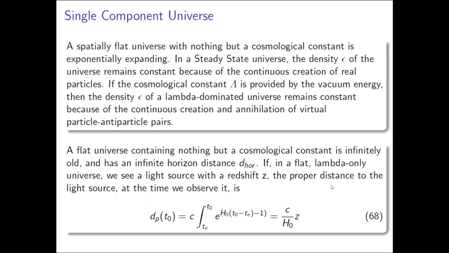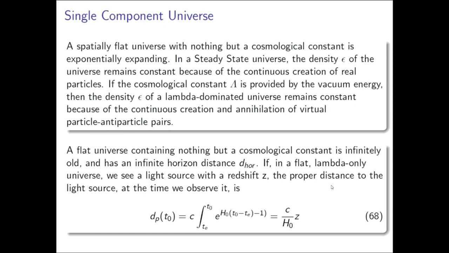As soon as they come into existence, after a certain period of time they annihilate with each other and go back to being vacuum. So it doesn't affect the actual density of the universe, and this is the concept of vacuum energy and virtual particles.